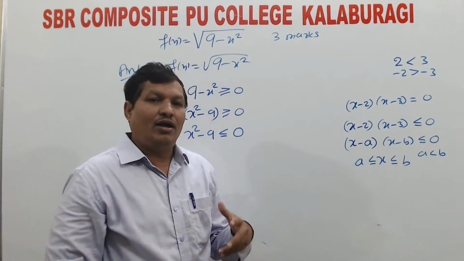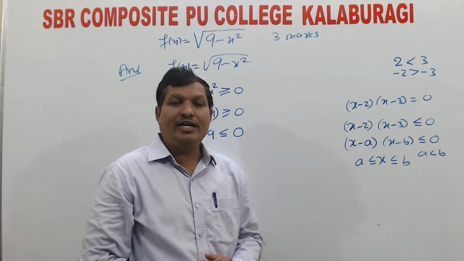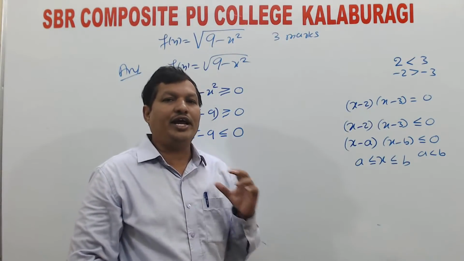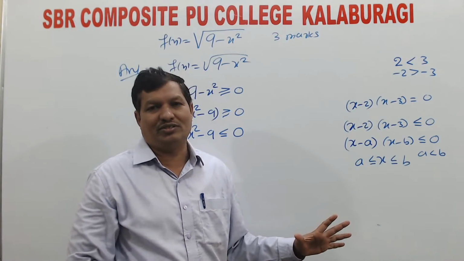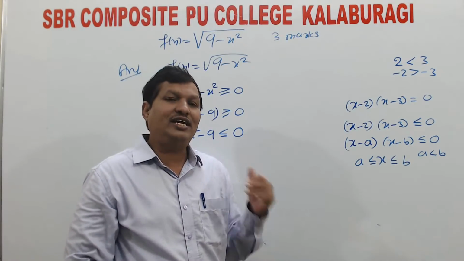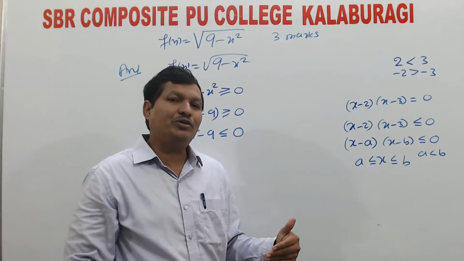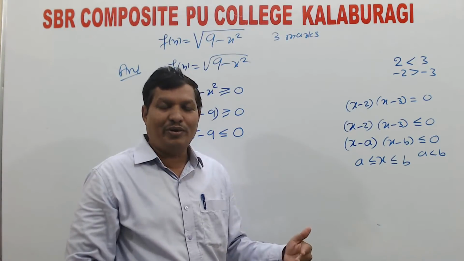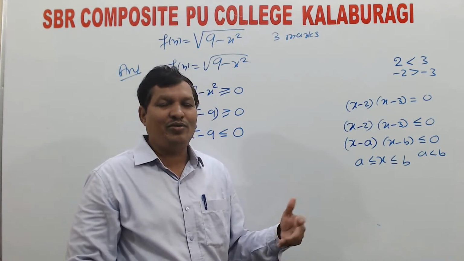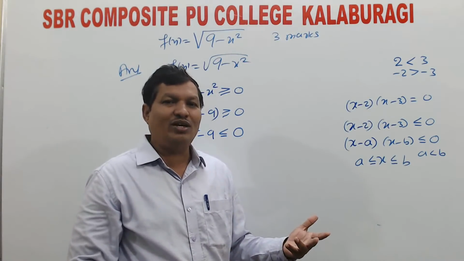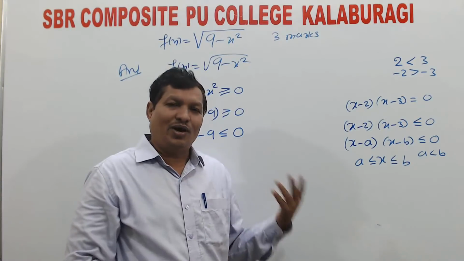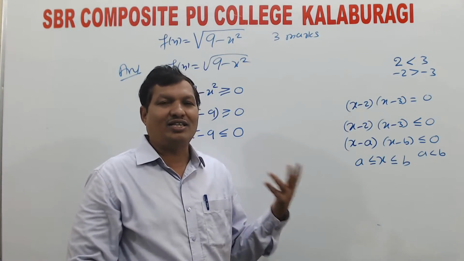See, what does the inequality sign indicate? I have 10 rupees means exactly 10 rupees. I have less than 10 rupees means what? Either it will be 1 rupee or 2 rupees or 3 rupees. I have a maximum of 10 rupees means it will be 1 rupee or 2 rupees or 3 rupees.